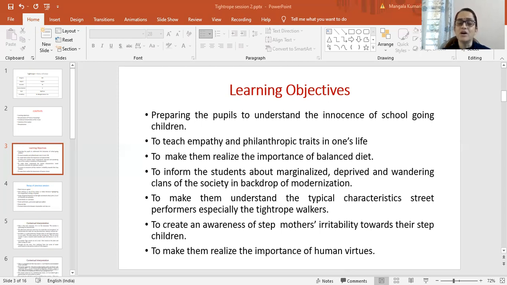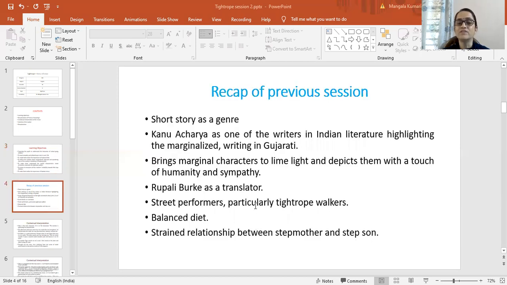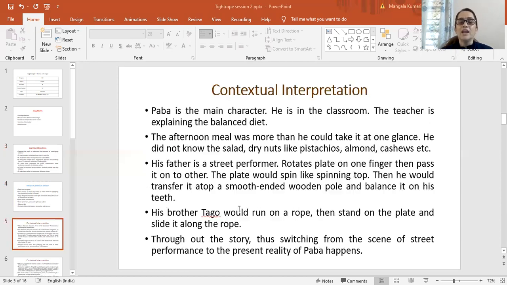It brings you awareness of stepmothers' torture and irritability towards their stepchildren. And the last point, it makes you realize the importance of human virtues. That is one of the duties and functions of literature. Now, let us go to the contextual interpretation of the story Tightrope.